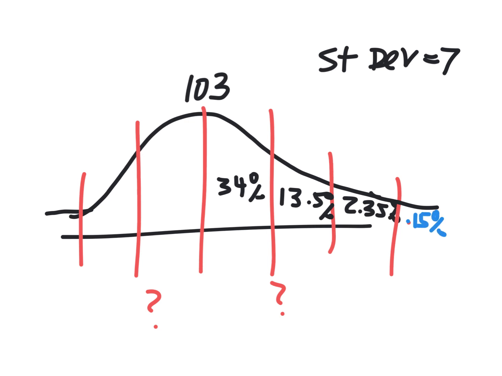If I said, what percent of people are above 110? You should be like, oh, 110, that's what this was. Because you add the standard deviation to it, that's 110. If I subtract the 7, it'd be 96 right here.